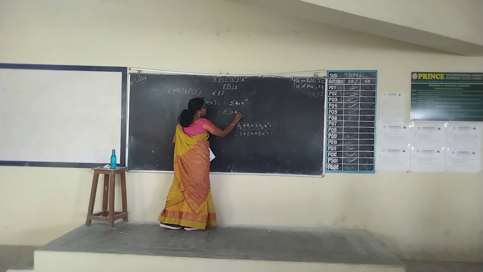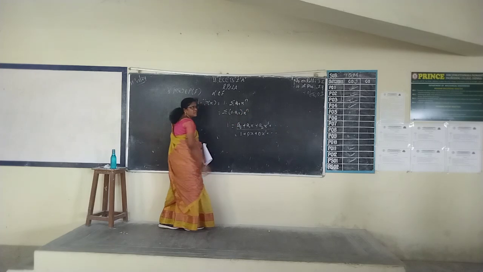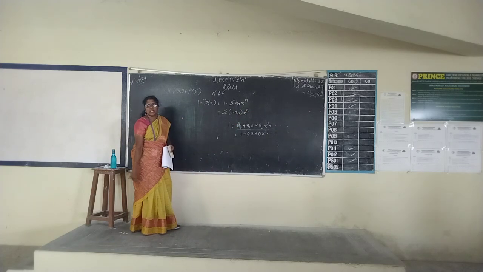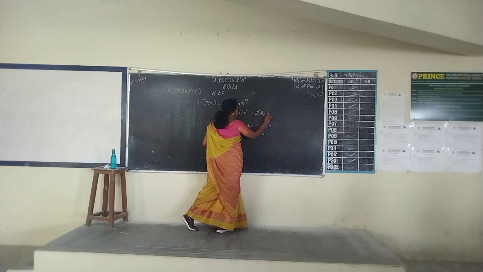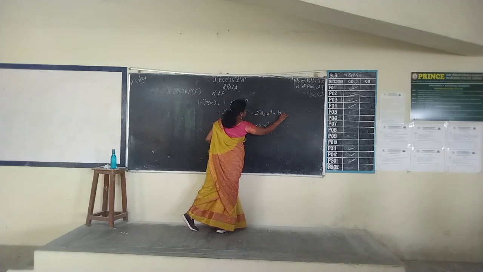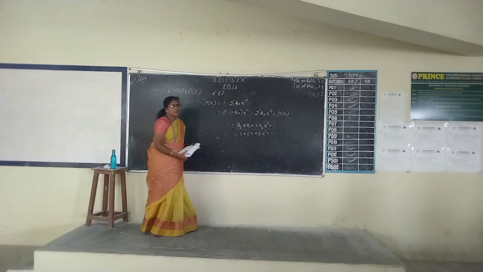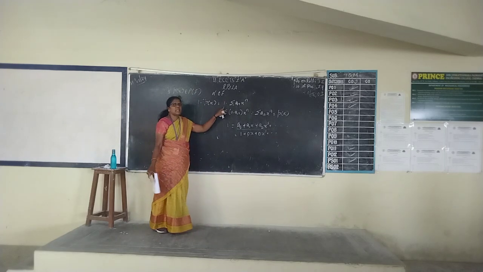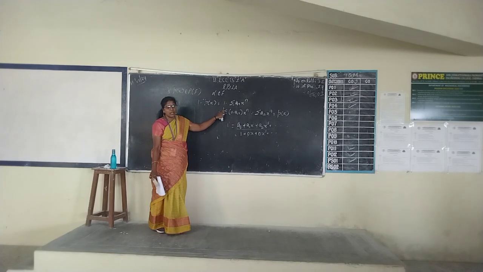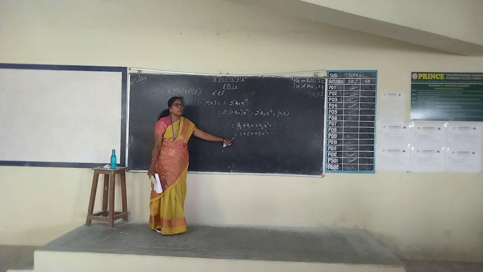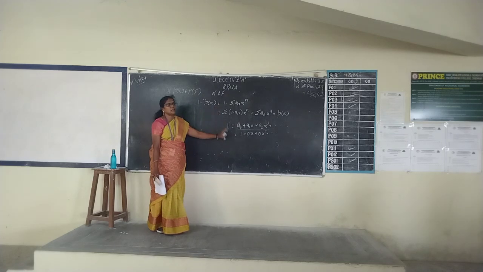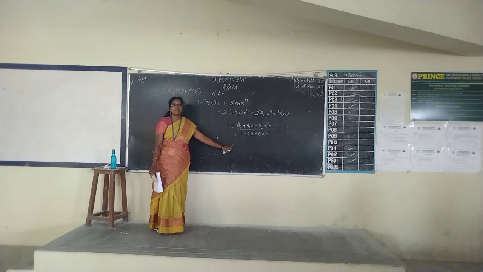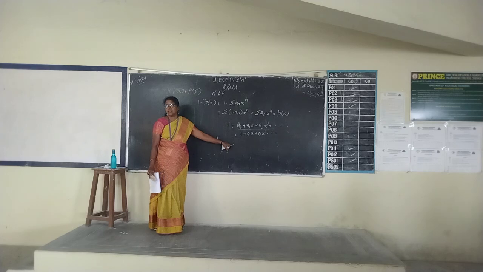Summation of 1 into a n x power n. But what is 1 into a n? a n. So this is simply a summation of a n x power n, which is equal to p of x. Here, even though we write it as 1, it is not the number 1. It represents the polynomial format. It is not an infinite polynomial.